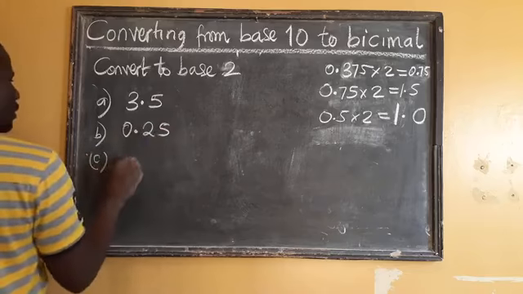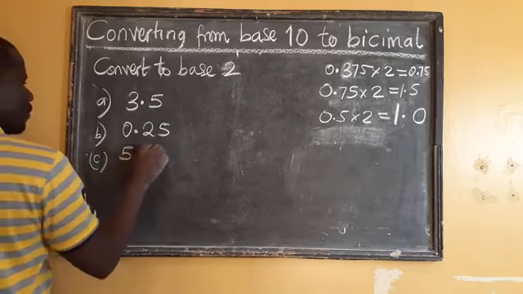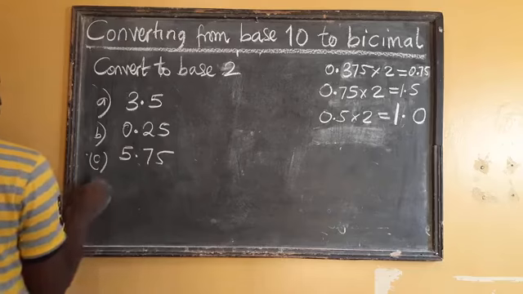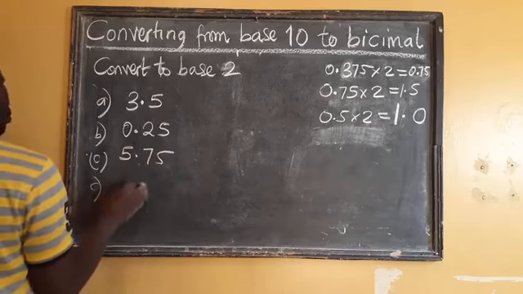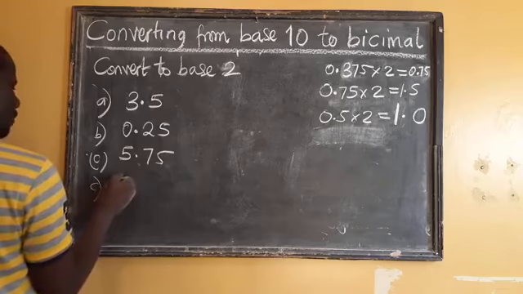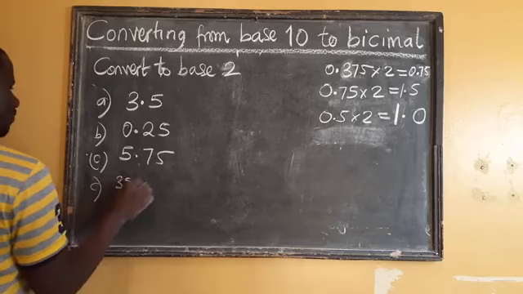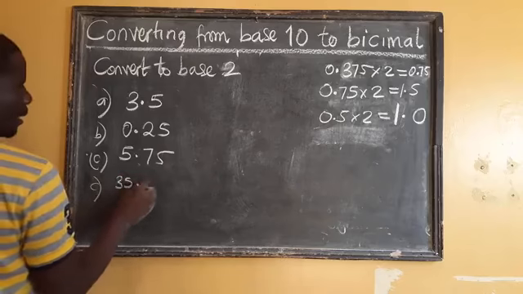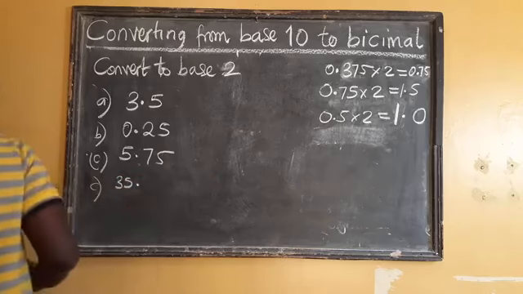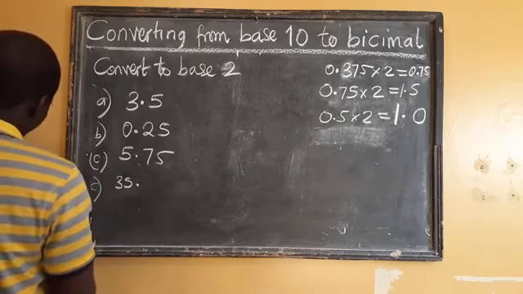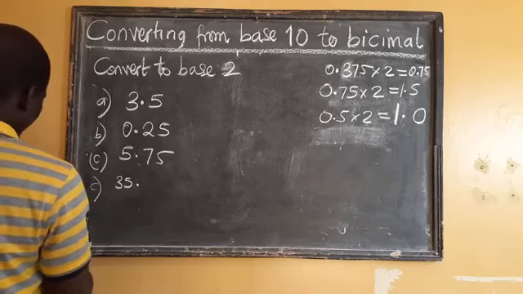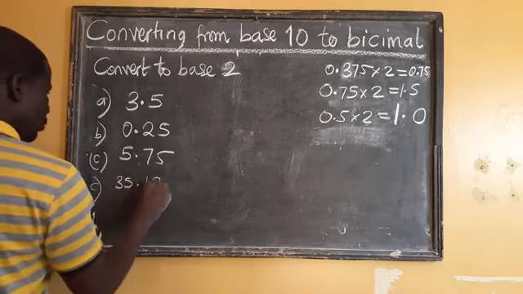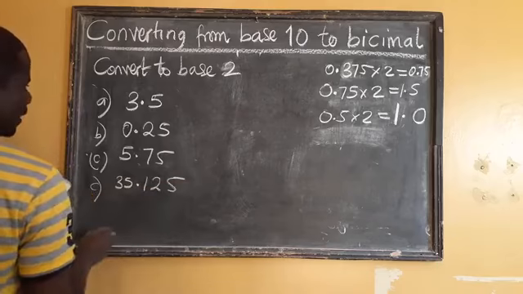C can have 5, comma, and D can have maybe we say 35, comma, 1, 2, 5.